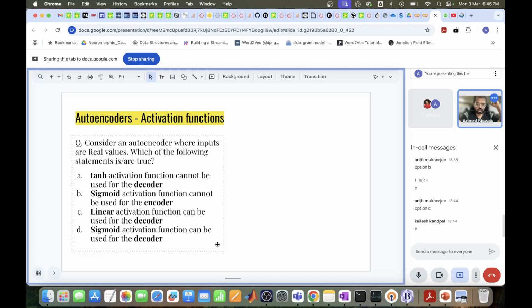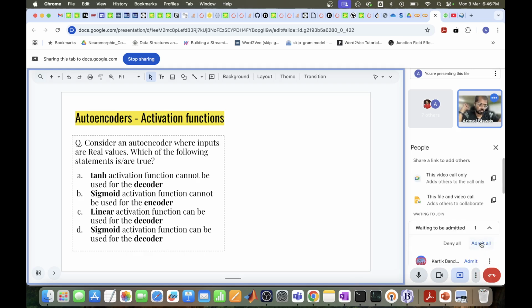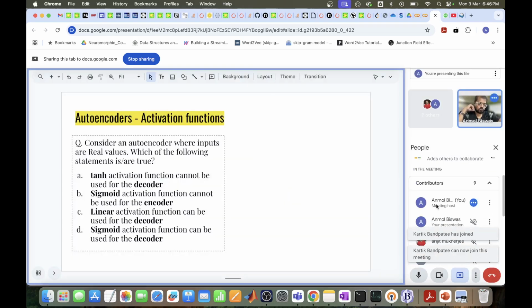So you have different options for the possible activation function. The question is which one is most appropriate. In fact, we also have some options on the encoder side.